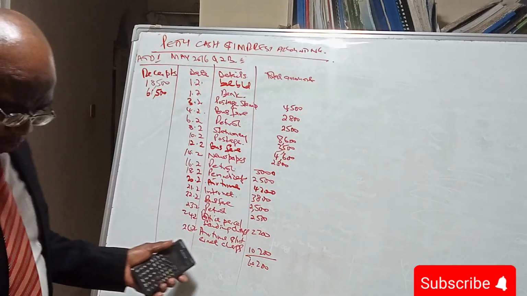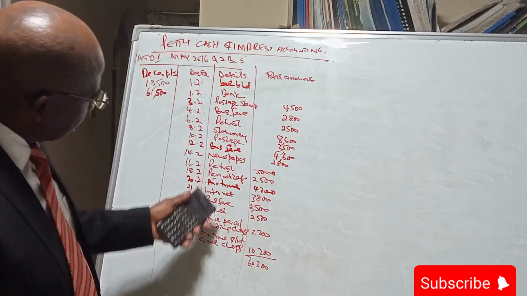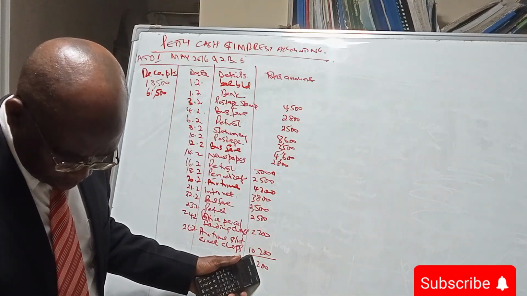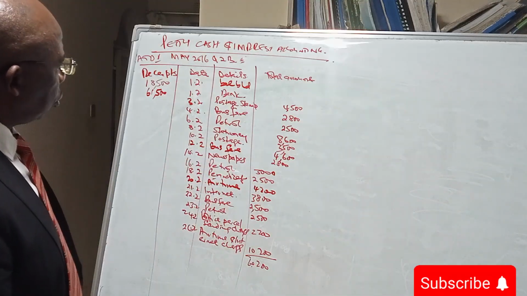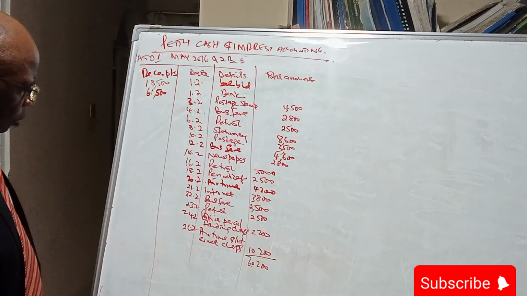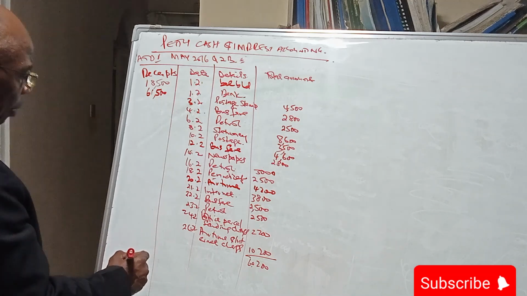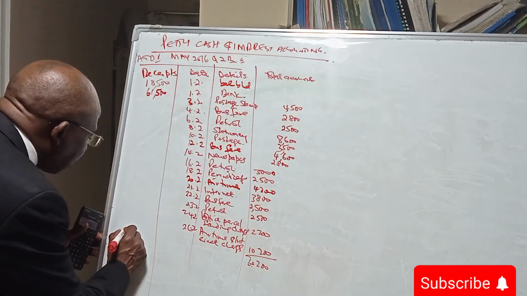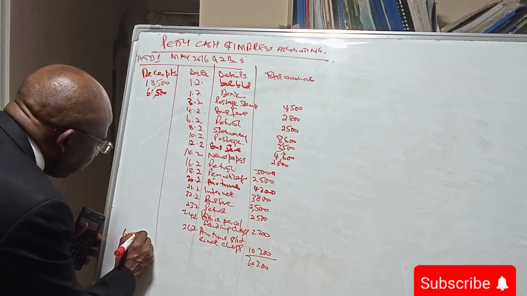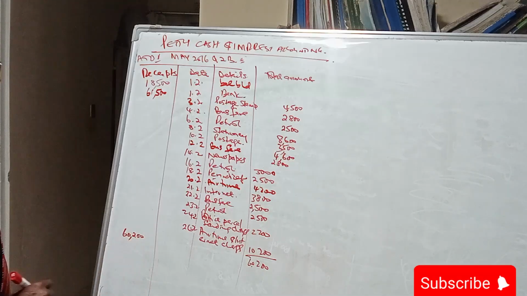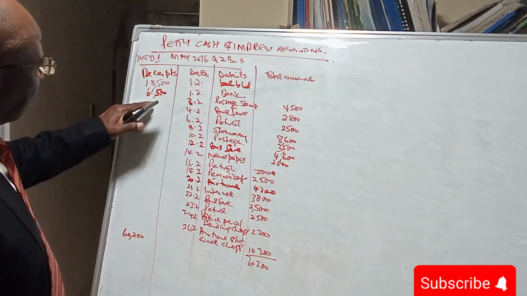So we're saying that we have spent an amount of money equivalent to 60,200. So we need to receive 60,200 so that we get 80,000.